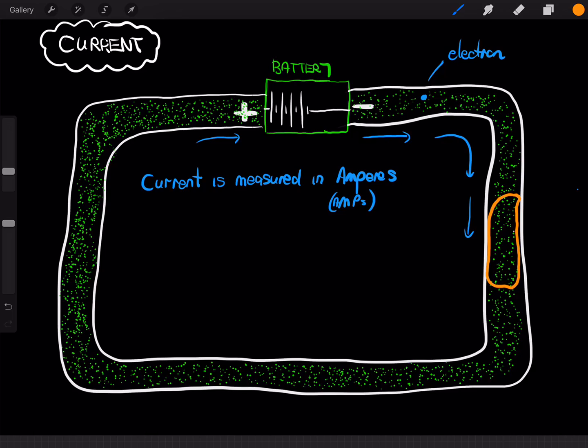Now, if we imagine in this group of electrons here, there is 6.24 times 10 to the power of 18 electrons in that little group there, that number of electrons is called 1 coulomb. So that many electrons equals 1 coulomb of charge.